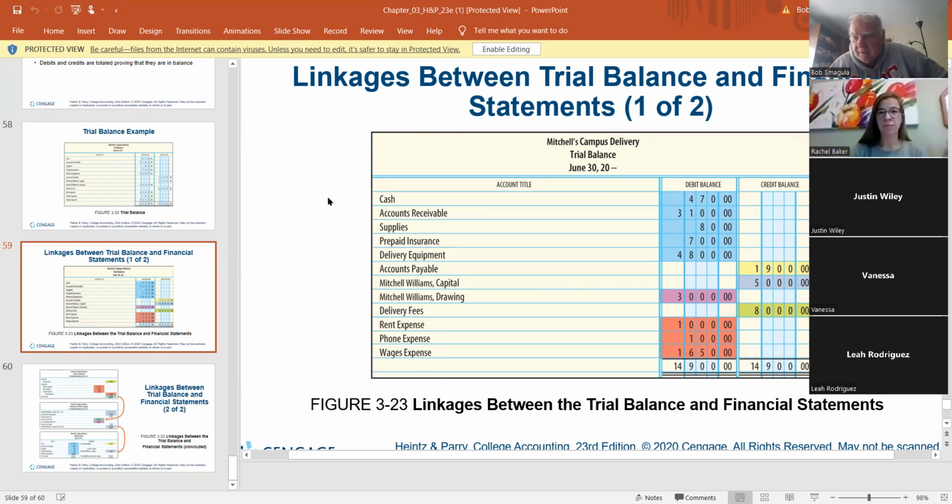Everything above it, I'm sorry, I said that wrong. I had some good momentum on there, and then I botched it up. Everything below that line is your income statement. Everything above that line is going to go on the balance sheet. So that might help you avoid some confusion.